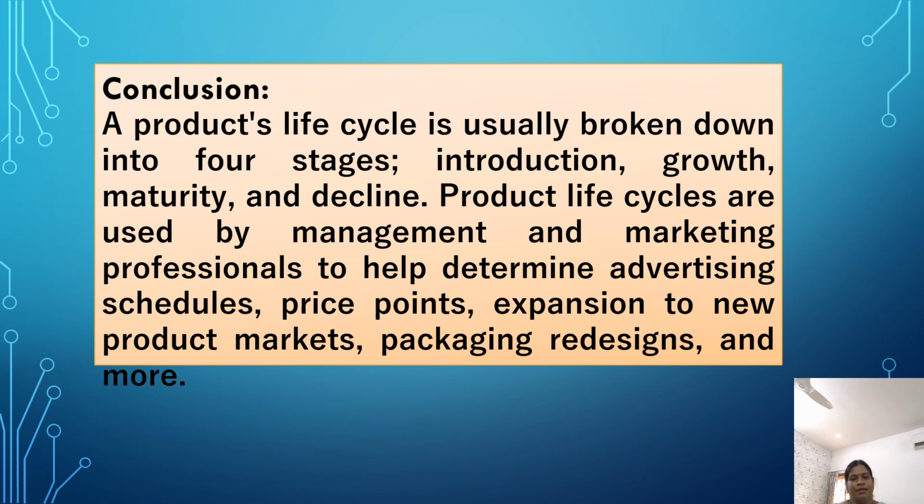Product life cycle is very useful for every firm. At every stage, proper decision making is very important. These points and characteristics of the stages are very helpful to management decision making, business decision making, and firm decision making.